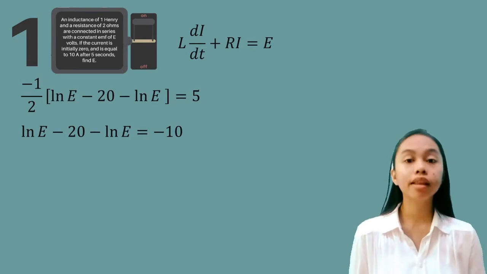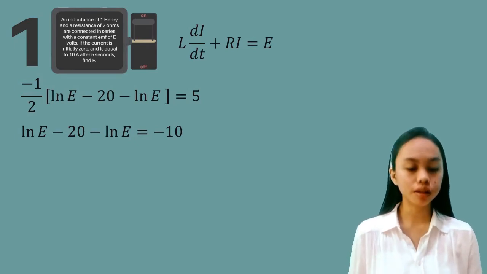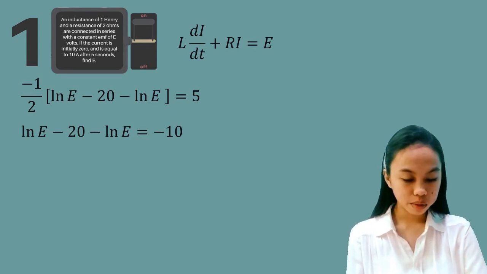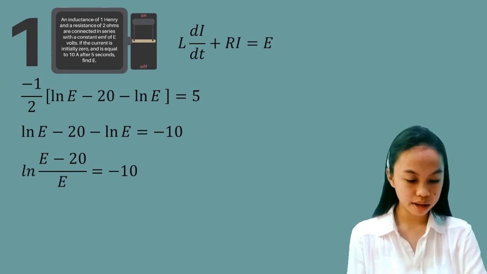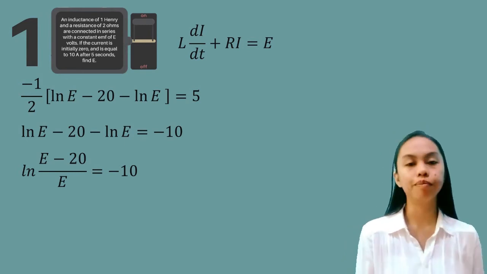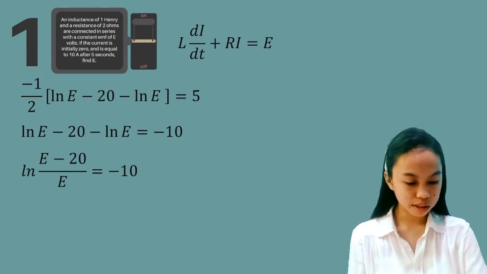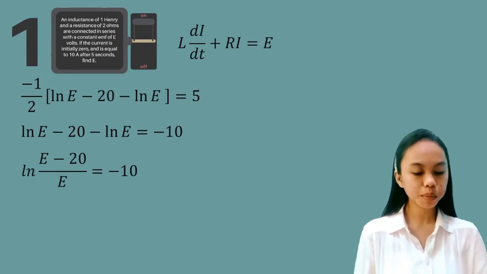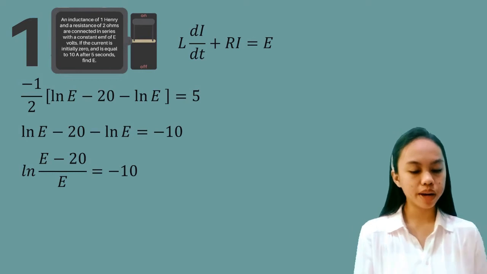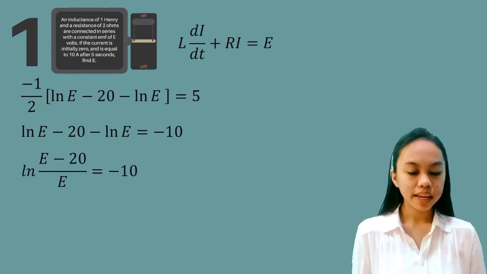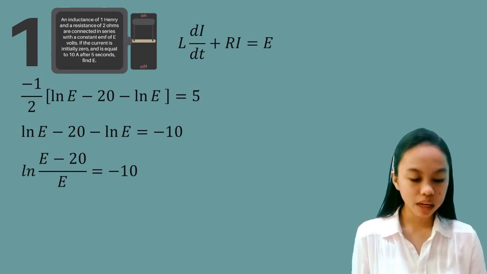So if we apply the properties of natural logarithm, we will be having ln e minus 20 as the numerator, and then e as the denominator, equals negative 10.